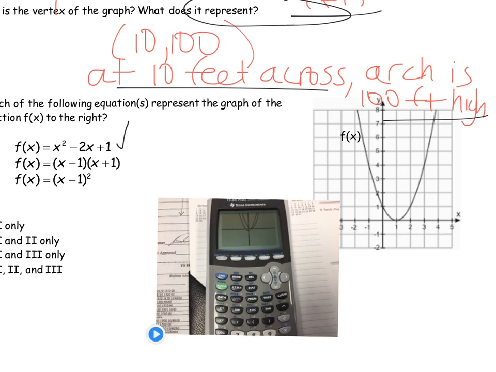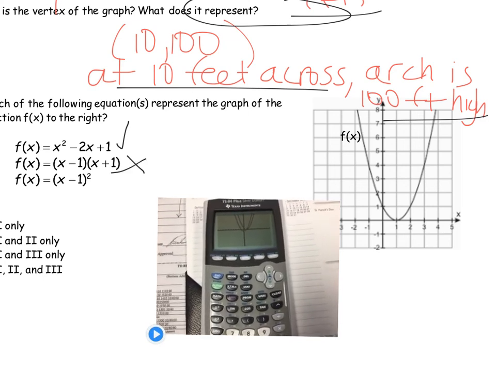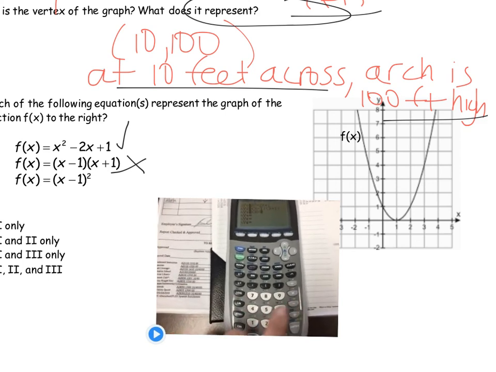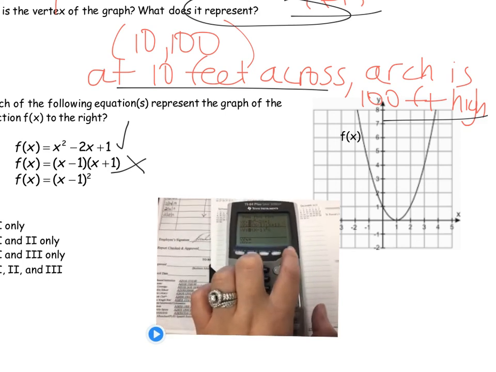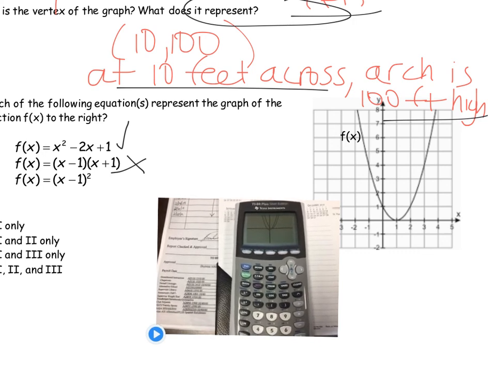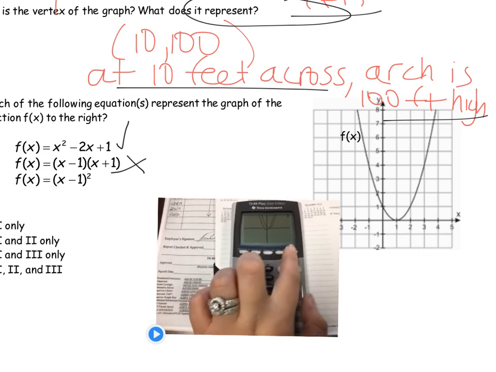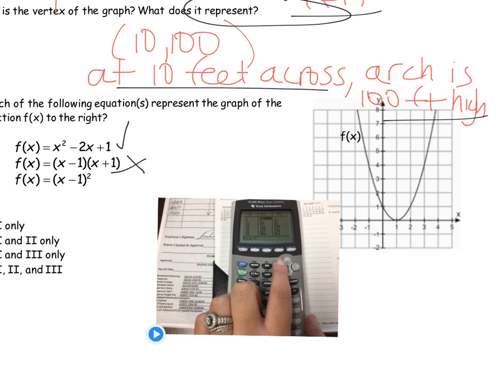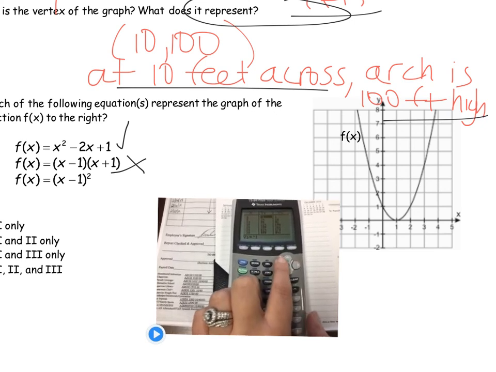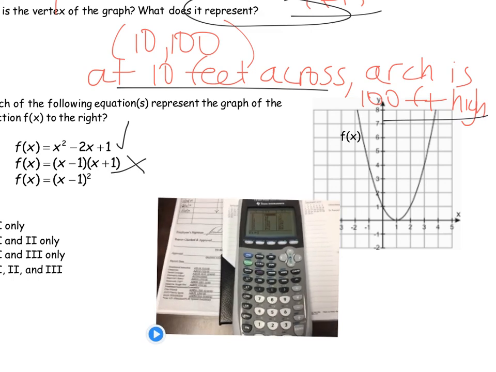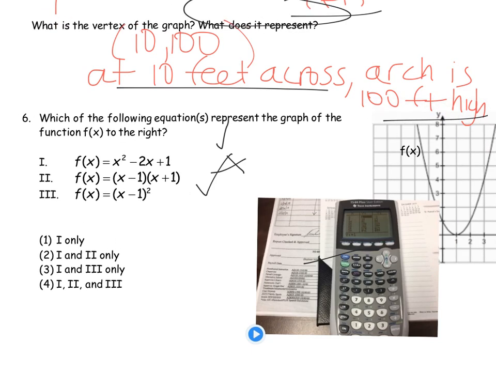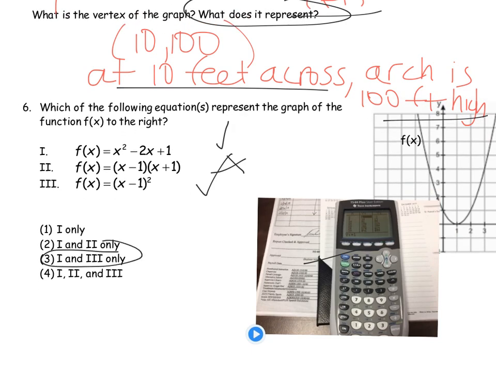So we have the first one, second one. No, let's try the third one. This is going to be x squared minus 1. Does it match the first one? It looks like it matches up. Yep. So it's the first and the third. The answer for this one is 1 and 3 only. All right, guys, hope that helped.